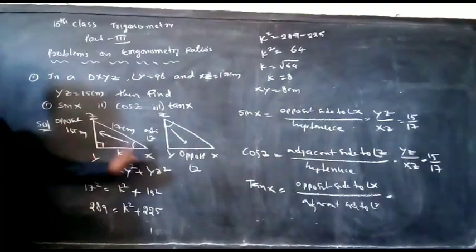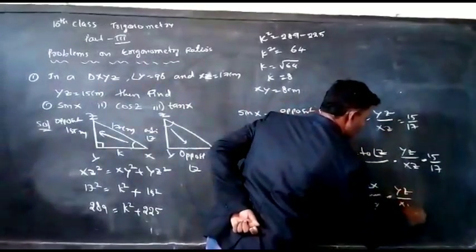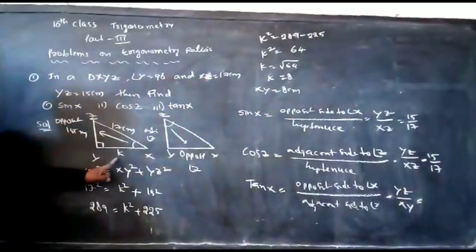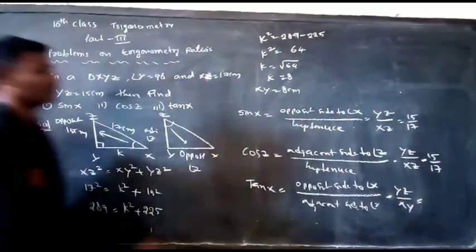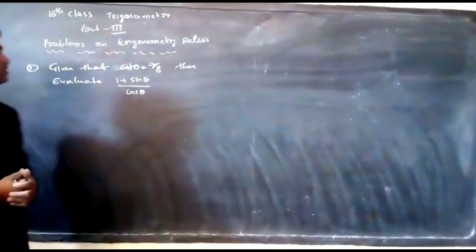YZ by XY. What is the length of YZ? 15. And what is the value of k here? 8. So we can write 15 by 8.